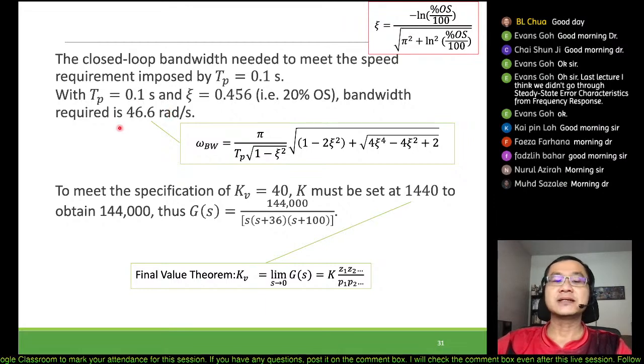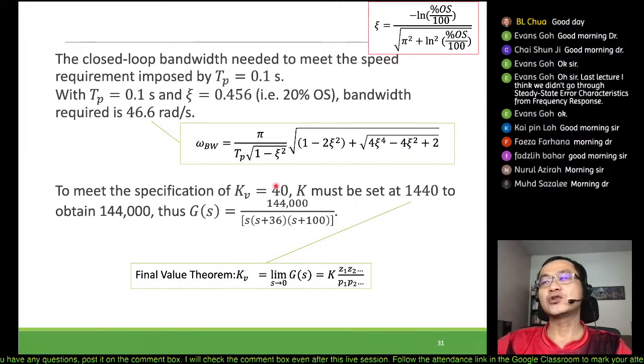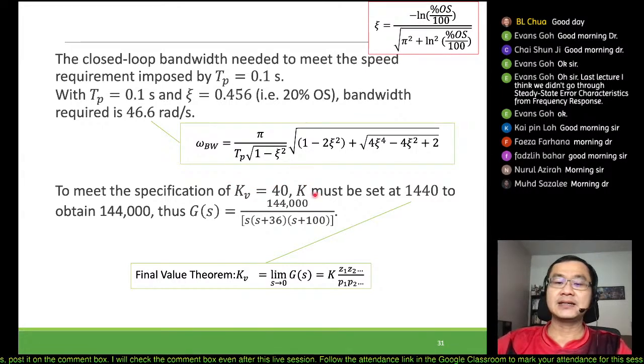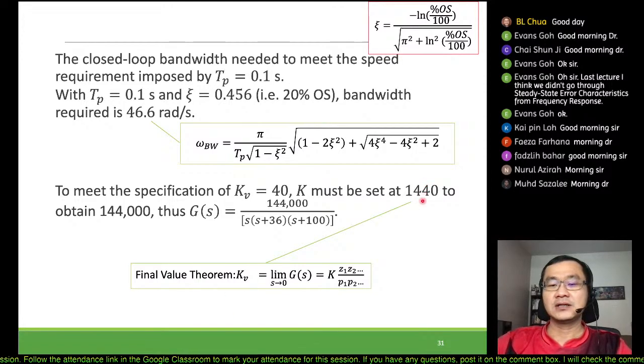Once you get this bandwidth frequency, now in order for us to meet the specification of Kv equals 40, we have to adjust it again based on the Kv value. We have this K, this is our desired Kv, so we already have 40 over here.